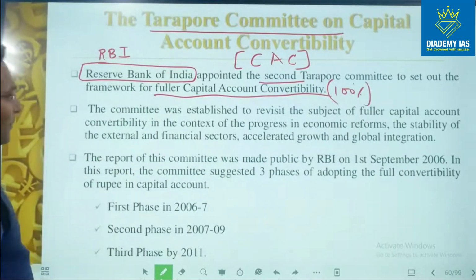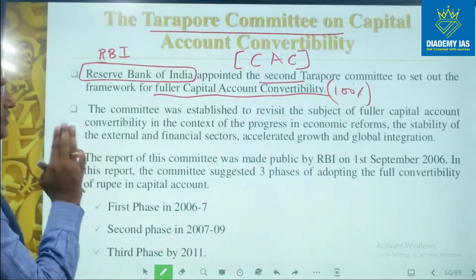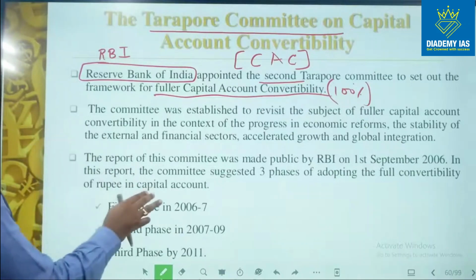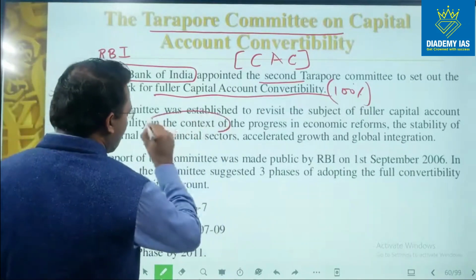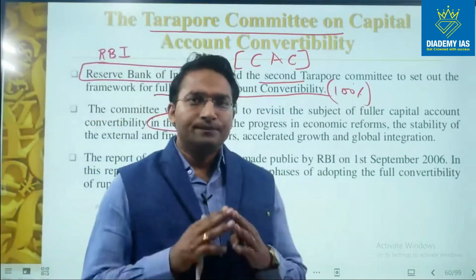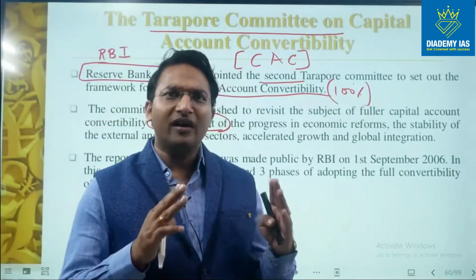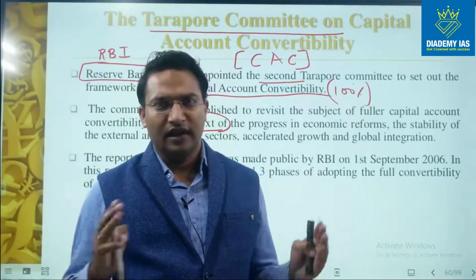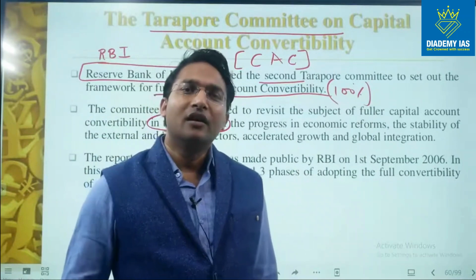The committee was established to revisit the subject of fuller capital account convertibility in a particular context. Why were we talking about capital account convertibility at that time? India was moving at a very high economic growth rate in 2006-07.